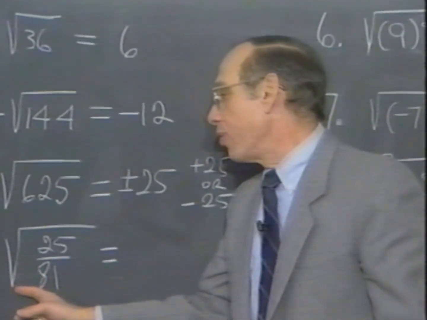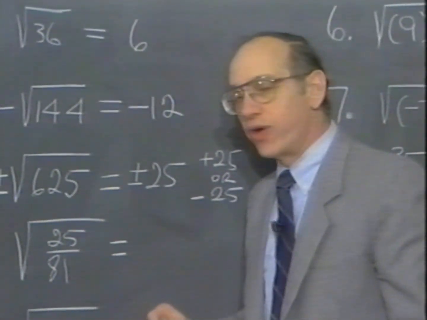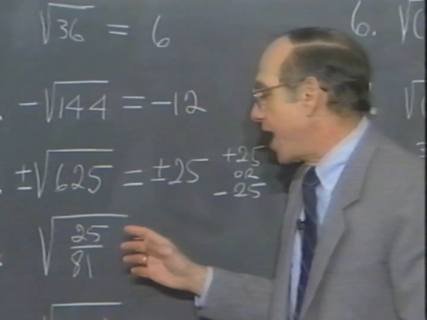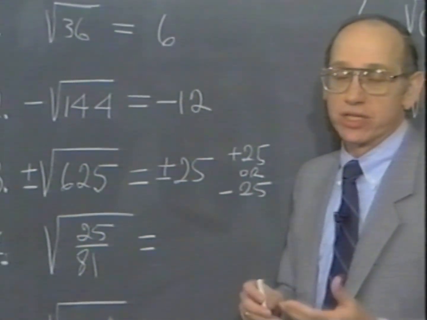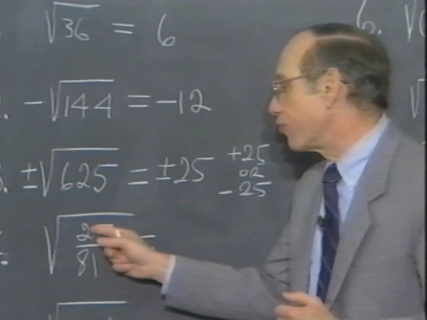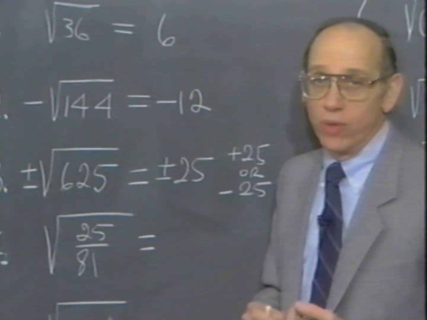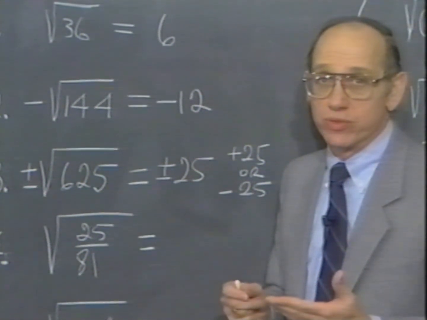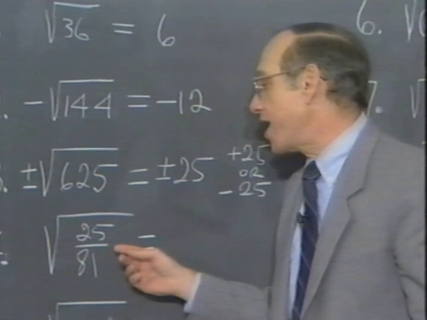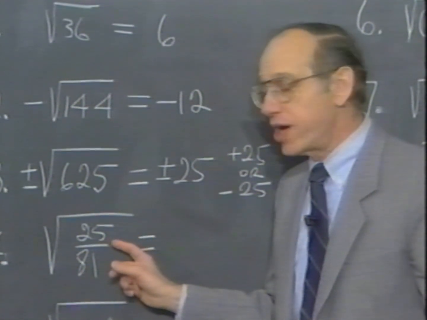If you go to number 4, you have the square root of 25 over 81. Now that may look a little complicated, but actually all you have to do is ask what number, when multiplied by itself, will give you the fraction 25 over 81. You see, we don't only take square roots of whole numbers. We can also take square roots of fractions. But it's not hard to see what the right answer is.